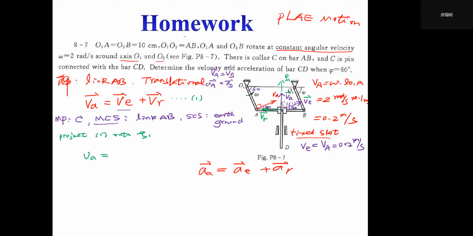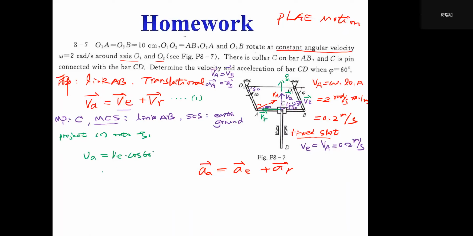So we can find that VE, if it has an intersect angle with the horizontal line, then this angle will be 60. So we have VE times cosine 60. And because VR is perpendicular to this vertical line C1, its projection onto this axis will be 0.